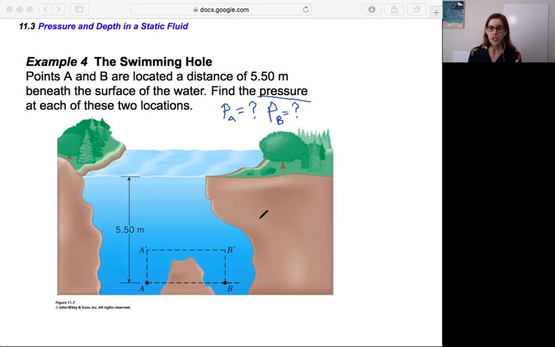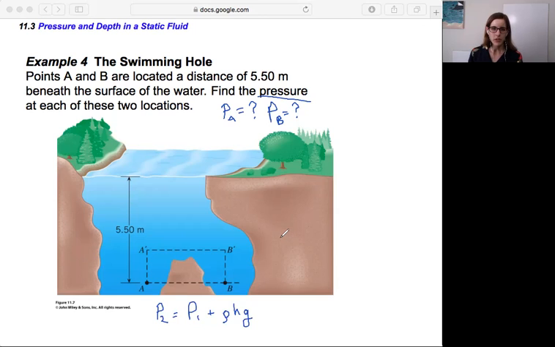It also doesn't mention the fluid is moving, so we can assume it's stationary, that it's a nice, still swimming hole. So that means we can use that static equilibrium equation that we just derived that relates the pressure at point 2 to be equal to the pressure at point 1 plus the density times the height times gravity.